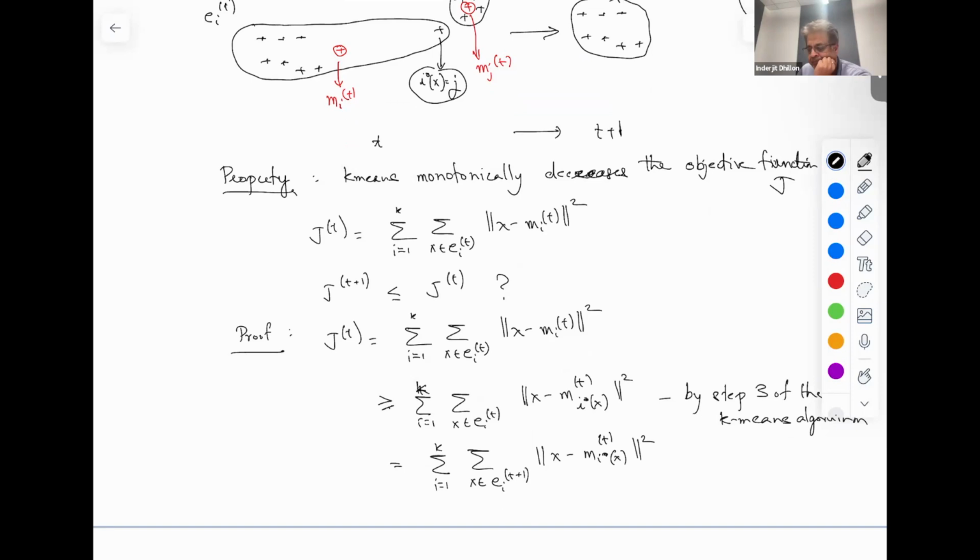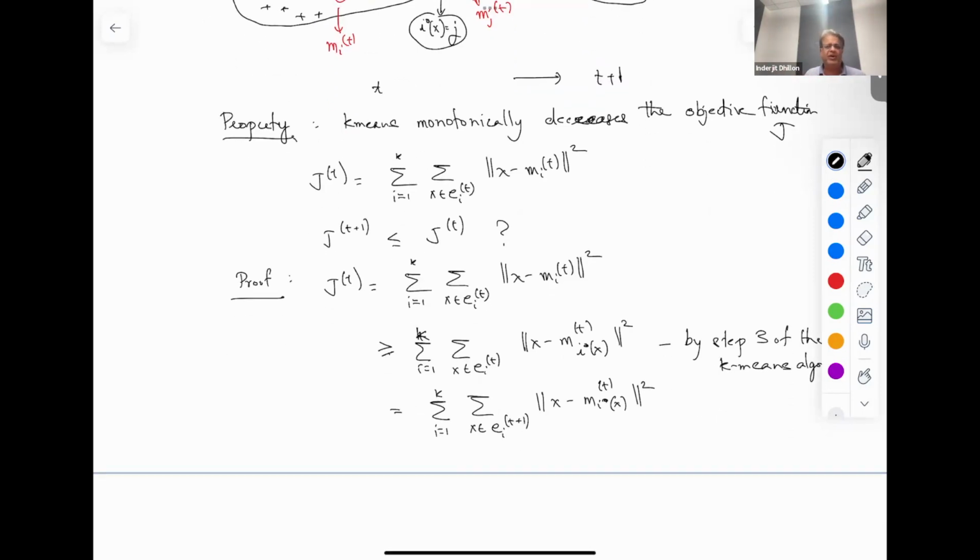Okay, and now because of the property, you must think, why were we taking the mean of all the points? Why not do something else? Maybe I could have done some other statistic like the median, or some other operation.